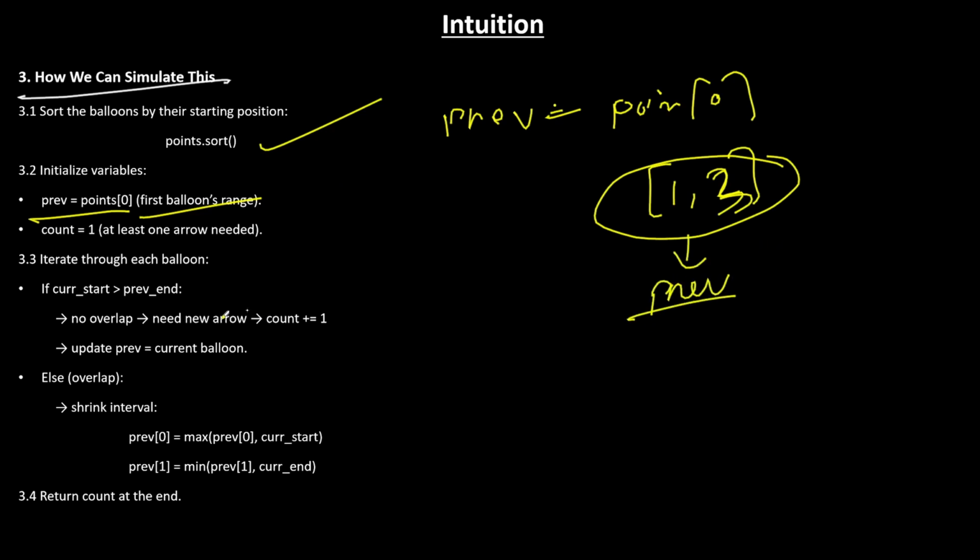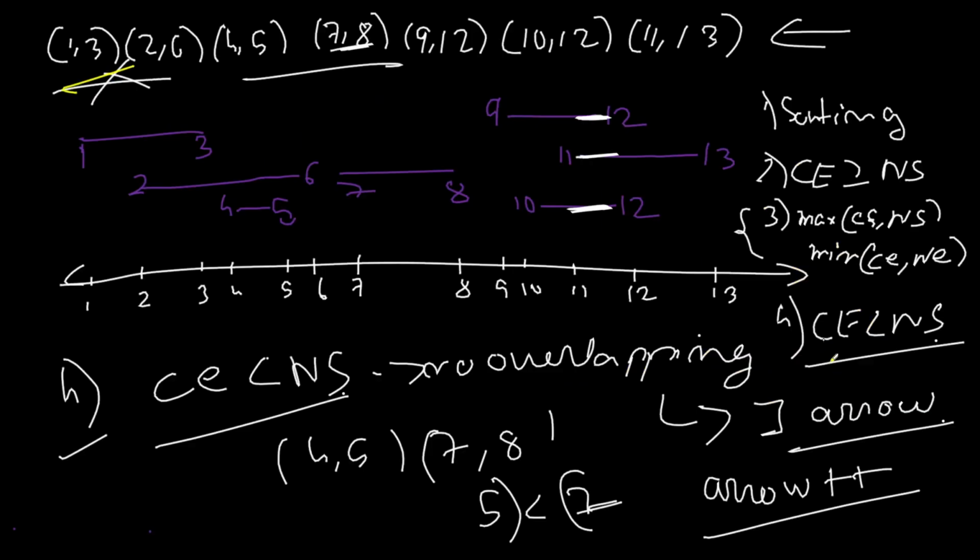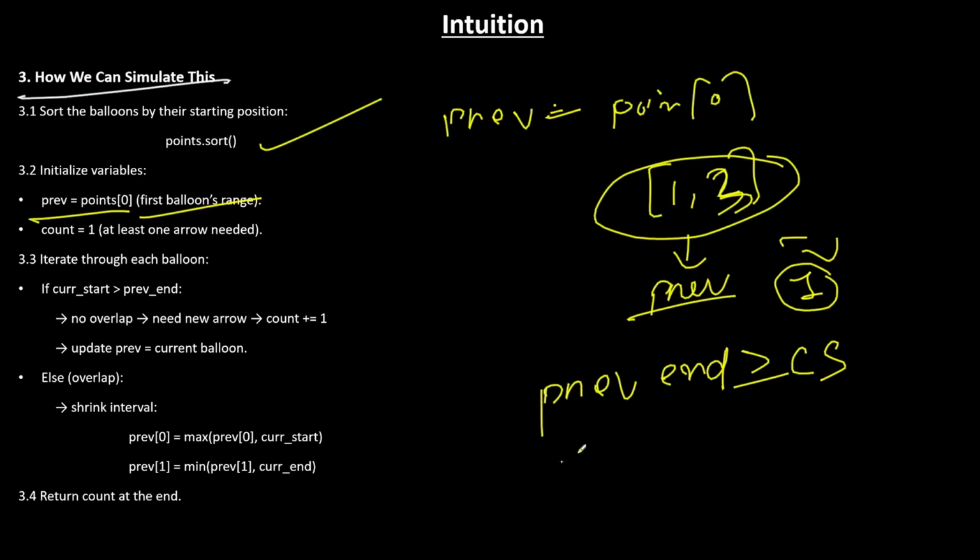We will start our arrow iteration from the next, the 1st index. In that case, what will happen if previous end is greater than or equal to the current start? This condition got changed a little bit now. It's the same thing, just the variables are different.